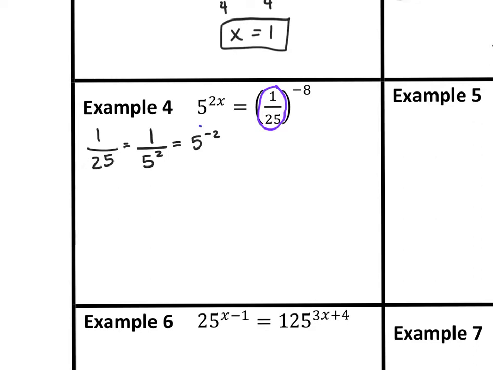And so I can replace 1 over 25 with 5 to the power of negative 2. So I'm going to copy the left side, and then I'm going to rewrite 1 over 25 as 5 to the negative 2, and then copy the negative 8 on the outside.